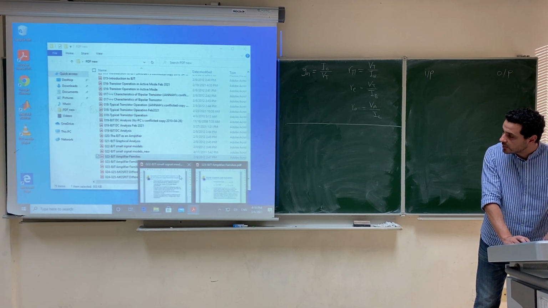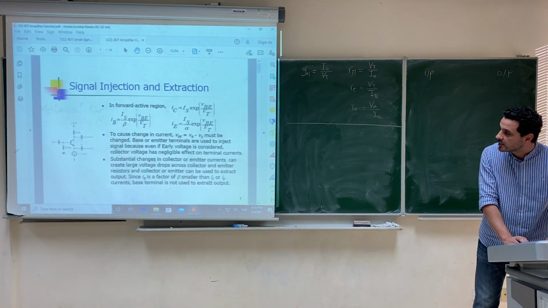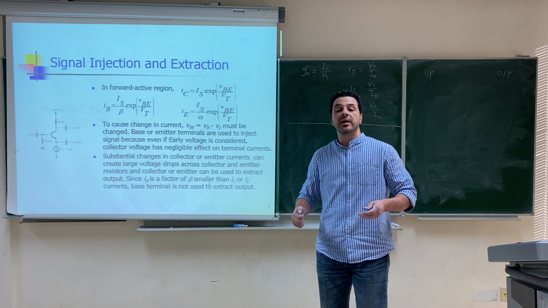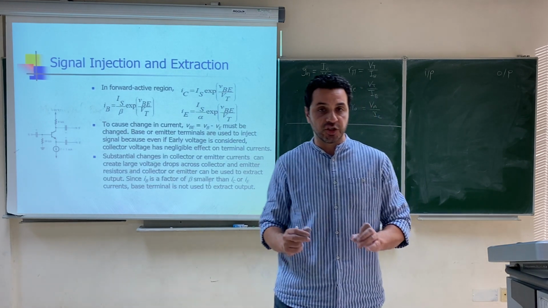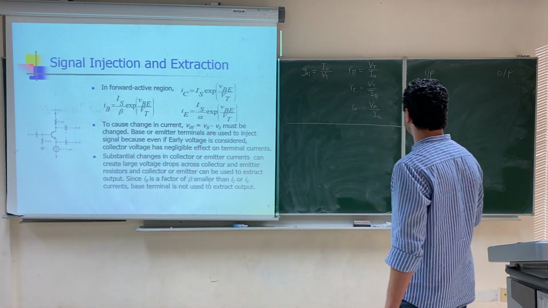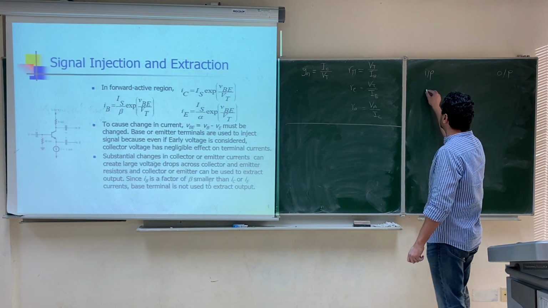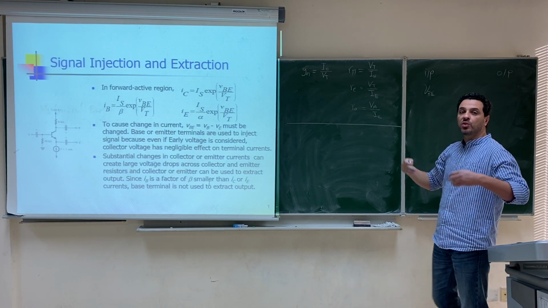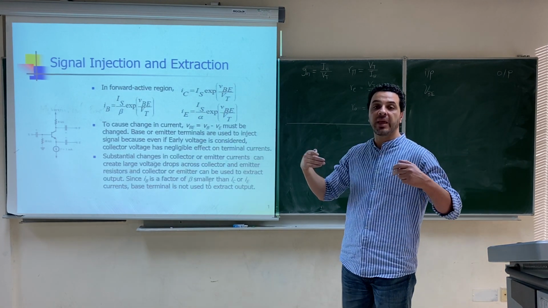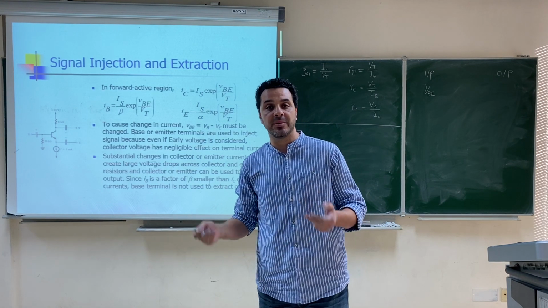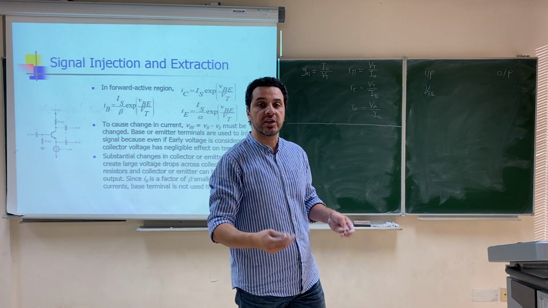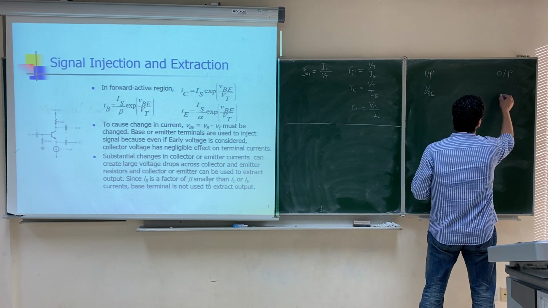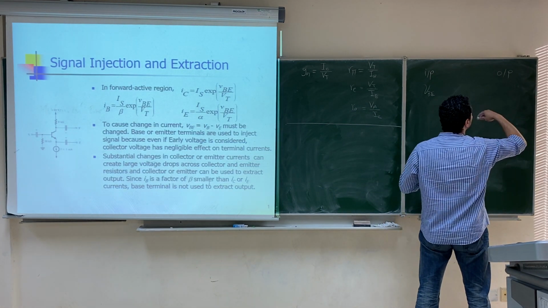So let's move now to the amplifier families. As we have seen from the mechanism of amplification, we make changes to the voltage VBE, and this will lead to big changes in the collector current or the emitter current, and these changes will cause the voltage VCE to change with big changes.